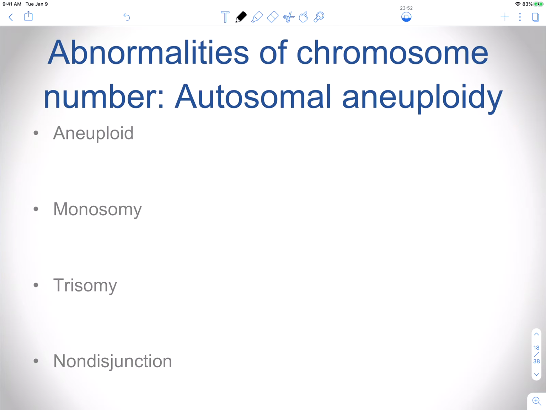Okay, so you can also have chromosome numbers with autosomal aneuploidy. An aneuploid is missing or additional chromosomes, and it's not in multiples of 23. So you have monosomy, and that's the presence of only one copy of a chromosome.